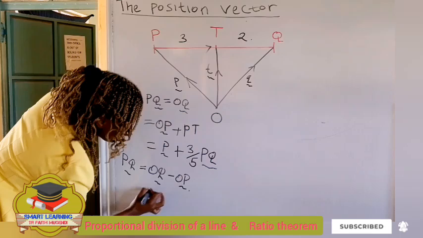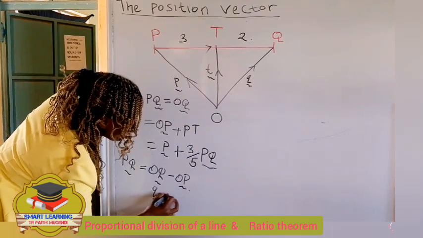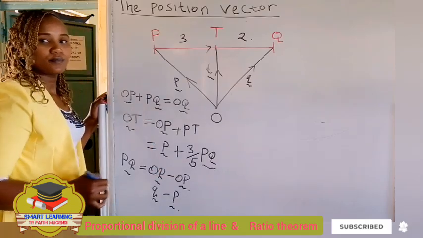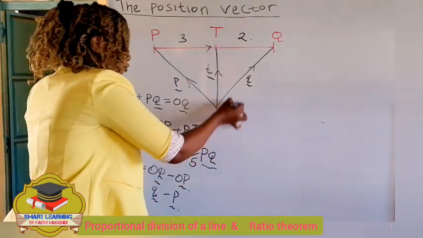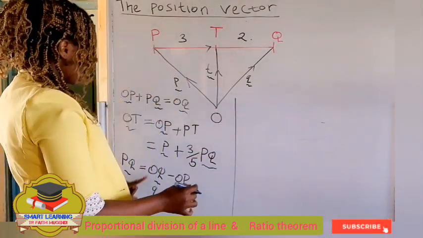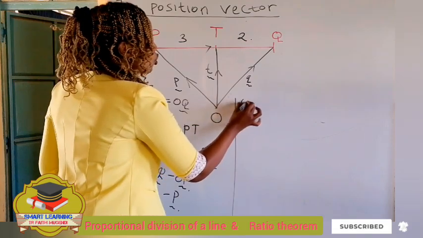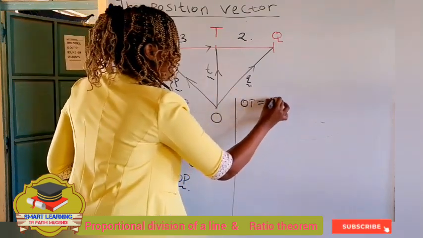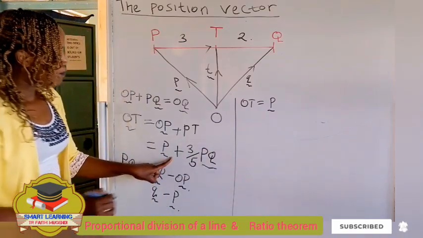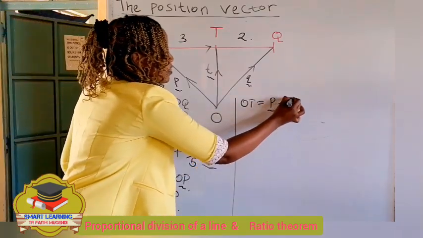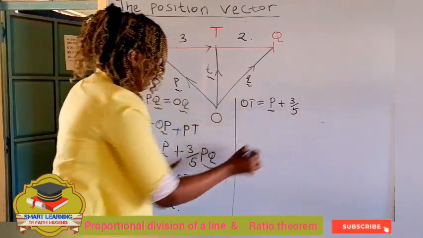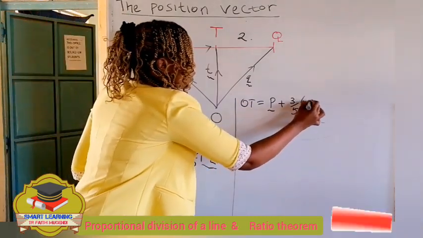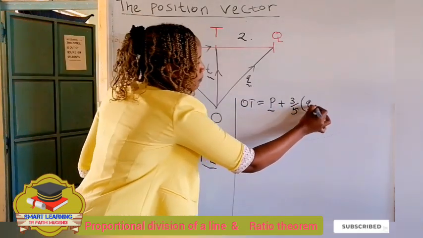OQ is Q, minus OP, which is our P. If we proceed like that, then our OT equals P plus 3/5 PQ, and our PQ is Q minus P.